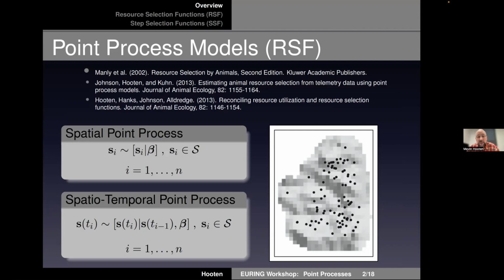Here, all you have to do is build a model hierarchically that has another source of error associated with it, the telemetry error. So now you could imagine that instead of S arising directly from a point process model, S arises from a model that depends on an underlying latent true position mu, and mu, being the set of coordinates associated with the true position, comes from a point process model.